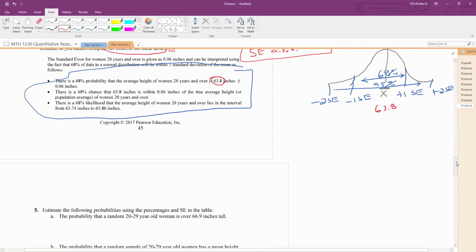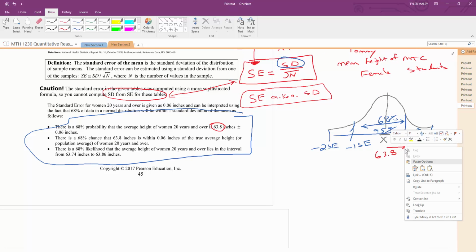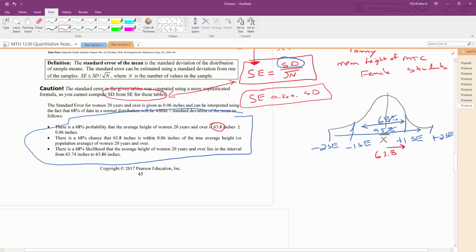So 0.06 is the distance in between x bar and +1 standard error. Right, so here there's a distance of 0.06. So if I take 63.8 plus 0.06, then we'll find this, +1 standard error. We'll find this value. That's here.